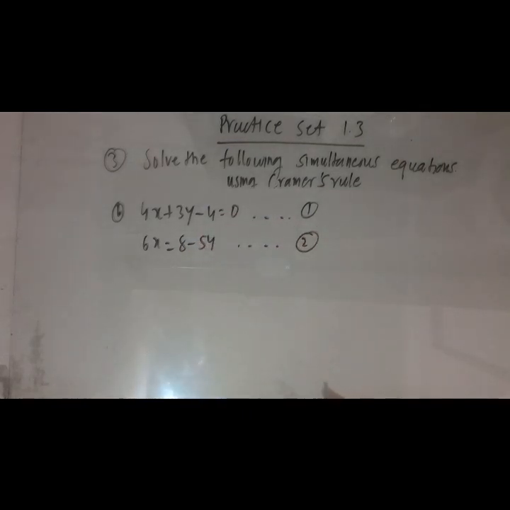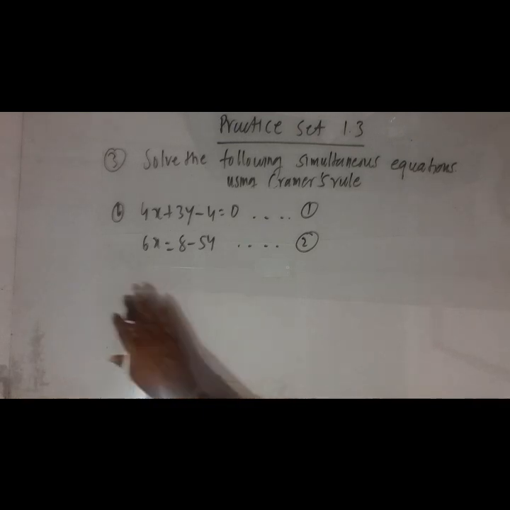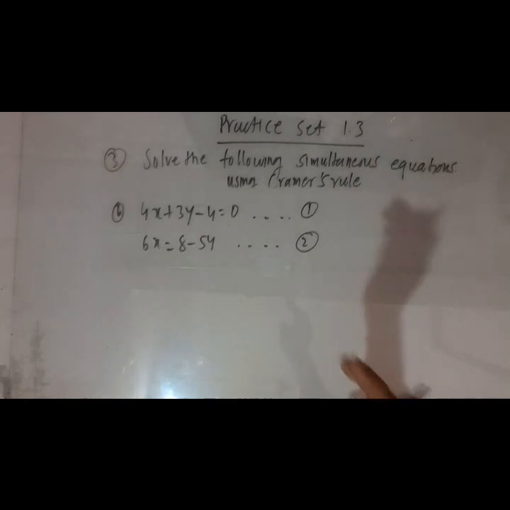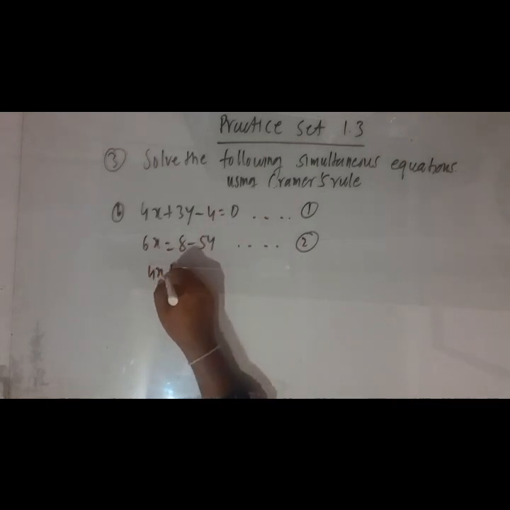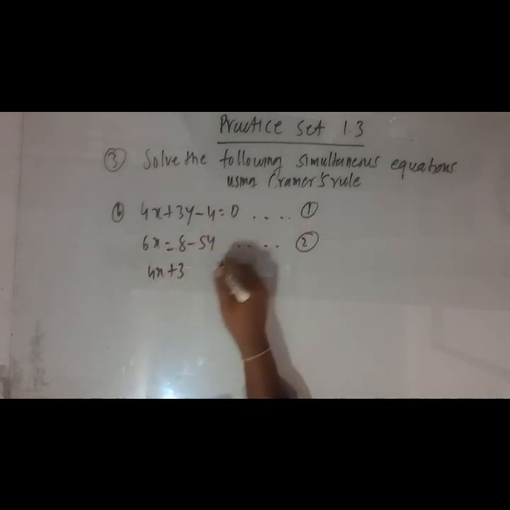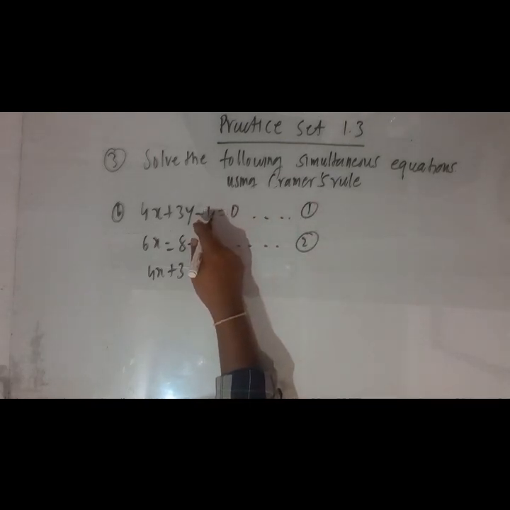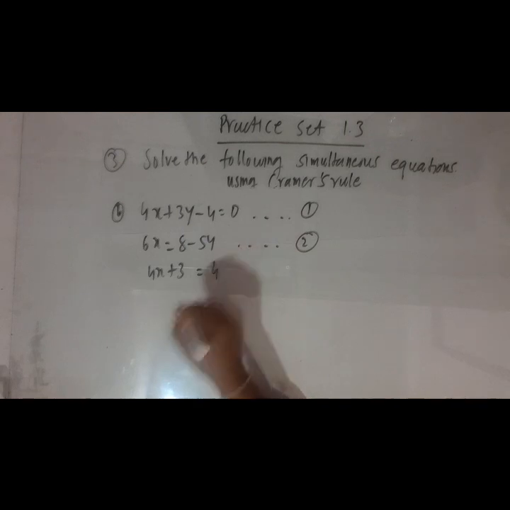Now this is tricky. You have to put these equations in standard form to solve the simultaneous equations by using Cramer's rule. So for equation number 1, 4x plus 3y, you take this 4 to the other side. If you take minus 4 to this side, it will become plus 4.